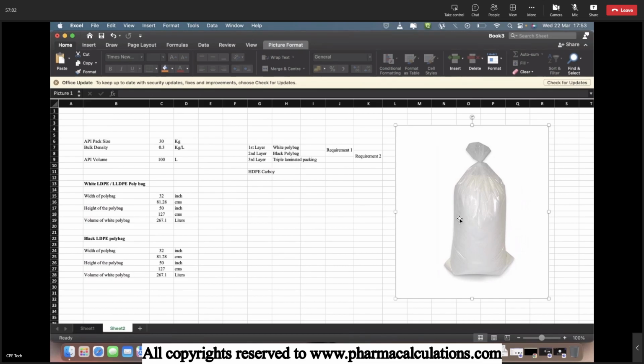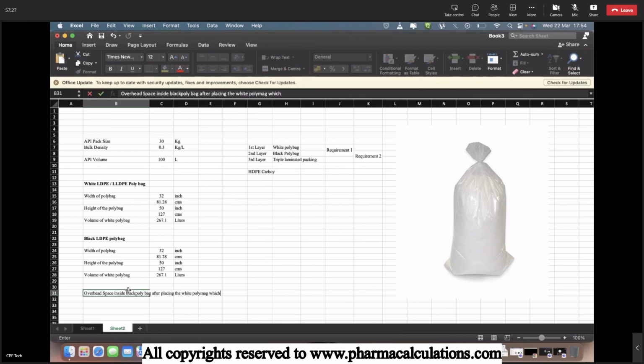Okay, so this white polybag is taken into the black polybag. That means the overhead space that we need to estimate here is the overhead space inside the black polybag after placing the white polybag which is containing the API. So the overhead space is going to be the difference here.